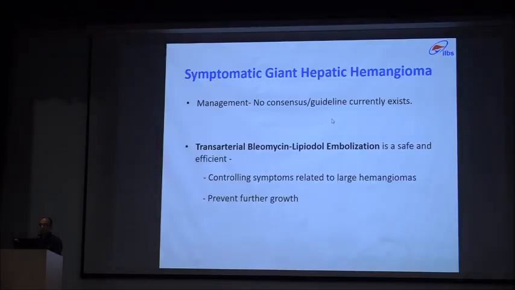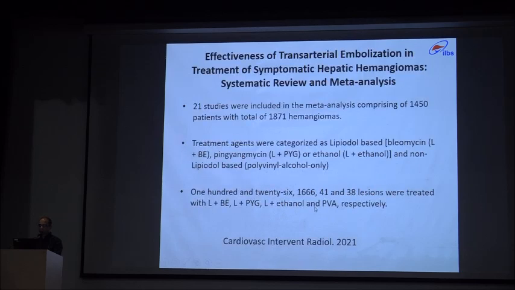To date in the literature, no guideline exists about the role of angioembolization in hemangioma. However, papers and RCTs show that transarterial bleomycin embolization is safe and efficient to control symptoms and to prevent further growth.